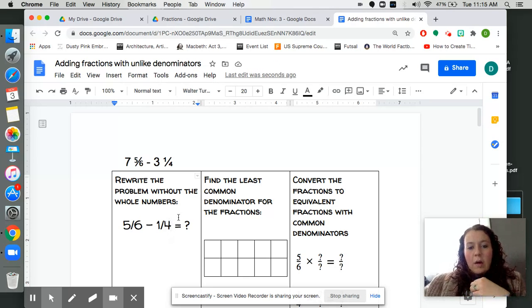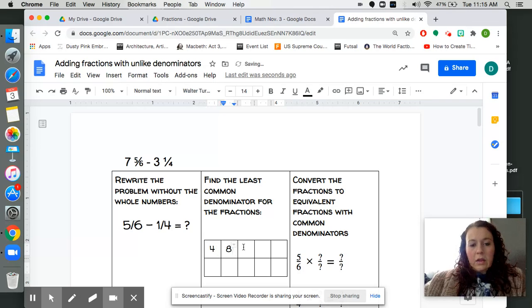Next, I'm going to find the common denominator for 5/6 and 1/4. So I'm going to count by 4s on the top. 4, 8, 12, 16, 20. And then on the bottom, I'm going to count by 6. 6, 12, 18, 24.